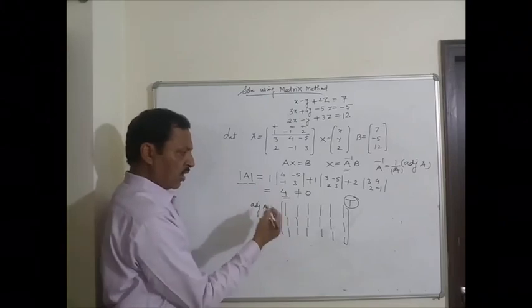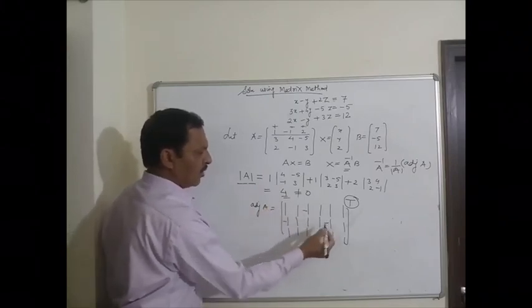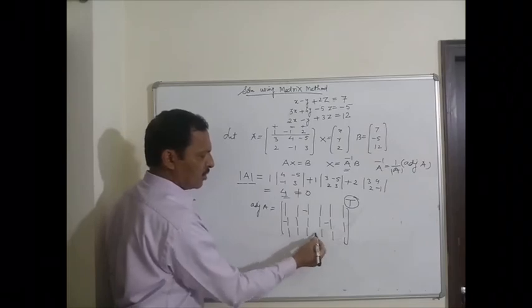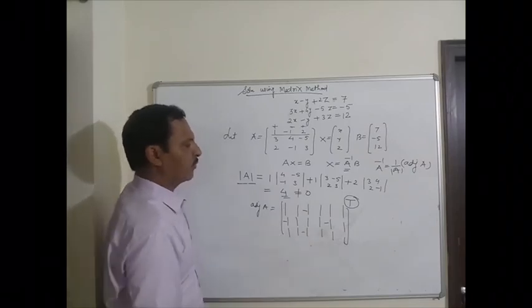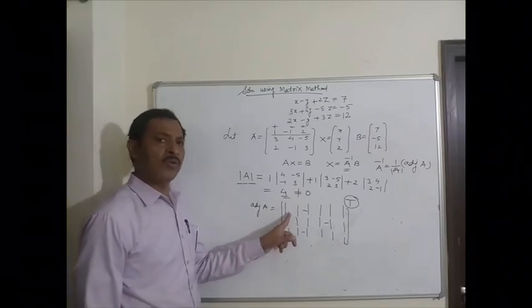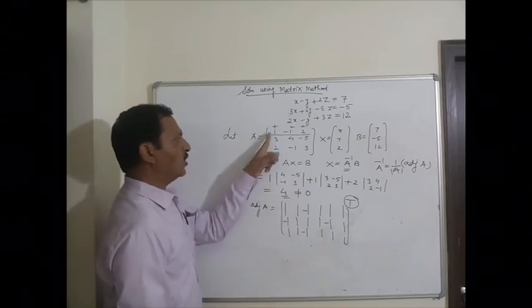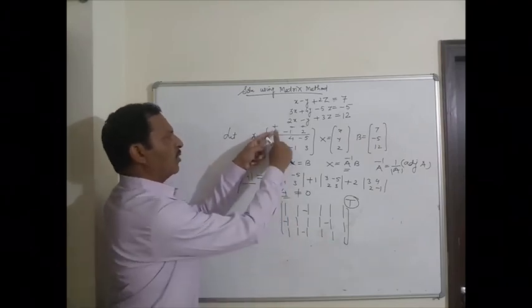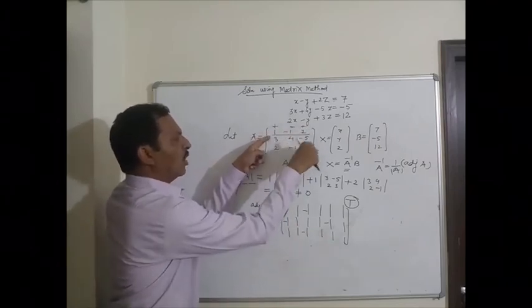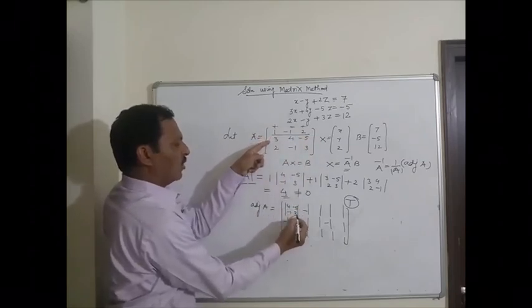Now, let's put the signs: plus, minus, plus, minus, plus, minus, plus, minus, plus. Now I put in the values of the cofactors. For this, the same method. For this particular element, row deleted, column deleted, it is the 2 by 2 determinant 4, -5, -1, 3.